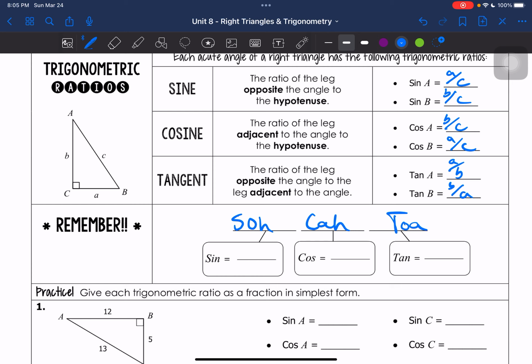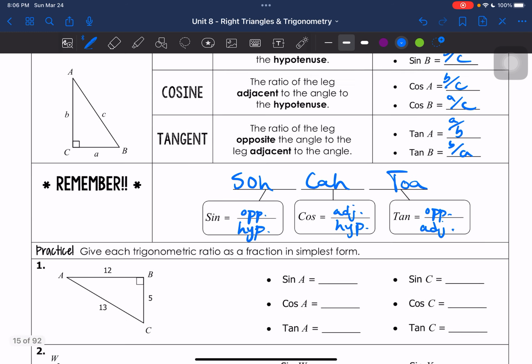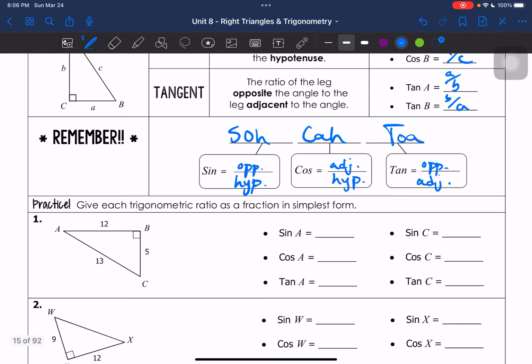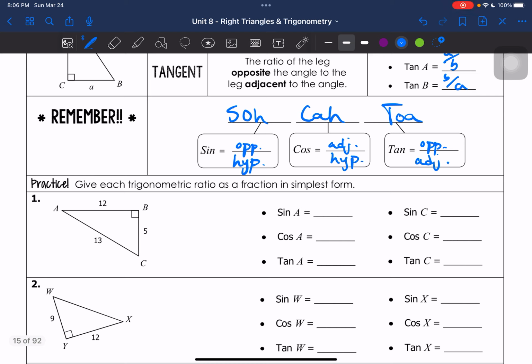We use this because the sine, the S, is the ratio of opposite over hypotenuse. If you can remember that, you know sine is opposite over hypotenuse, then cosine is adjacent over hypotenuse, and then tangent is opposite over adjacent. If you memorize that, that should help you whenever you're doing this lesson and the homework.